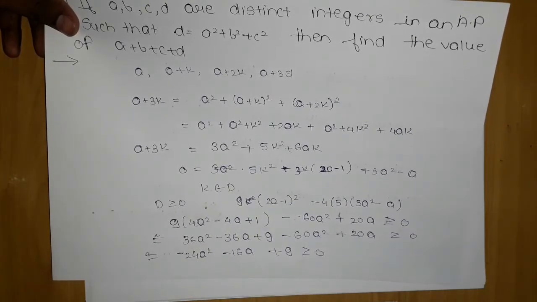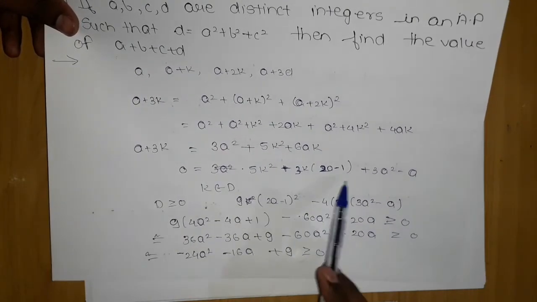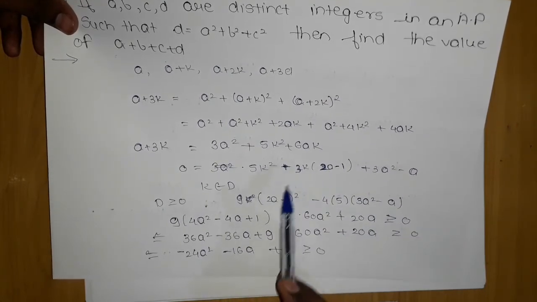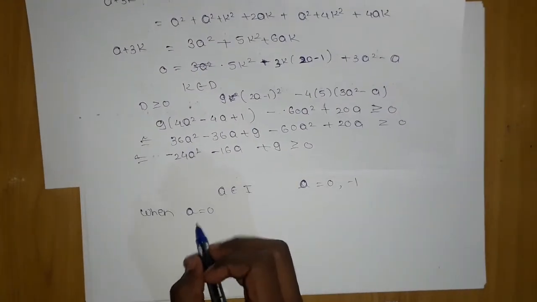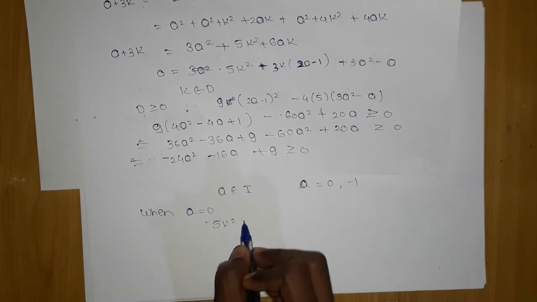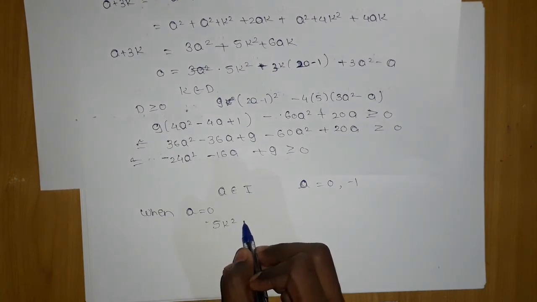In this equation, a is 0, so only minus 3k will be left. When I take this term, the equation becomes 5k square. The a term has become 0.